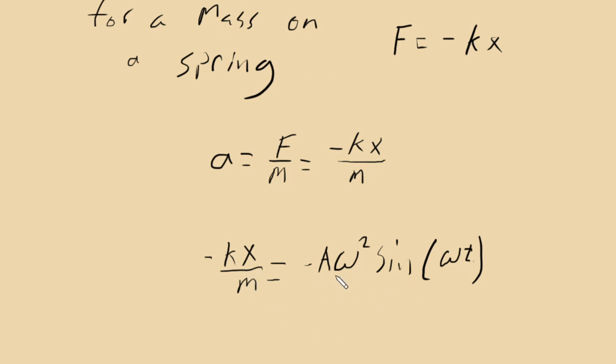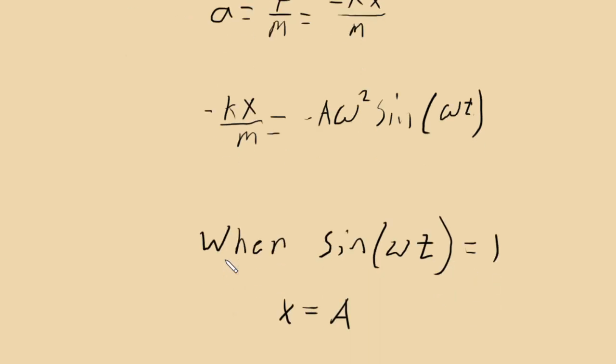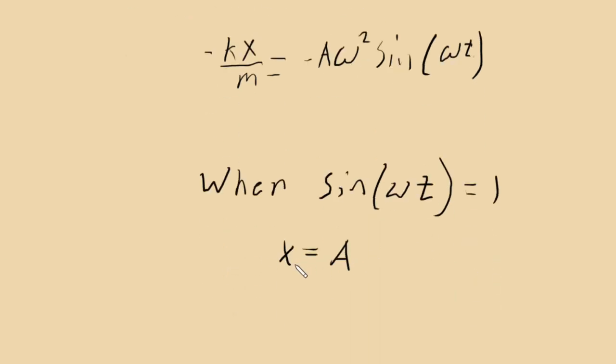And then I just copied, once again, the equation that we came up with, taking the second derivative of position versus time. So when we're at some time where sine of omega t equals 1, our x position and our a position are going to be the same, because when sine of omega t equals 1, we're at our max amplitude.